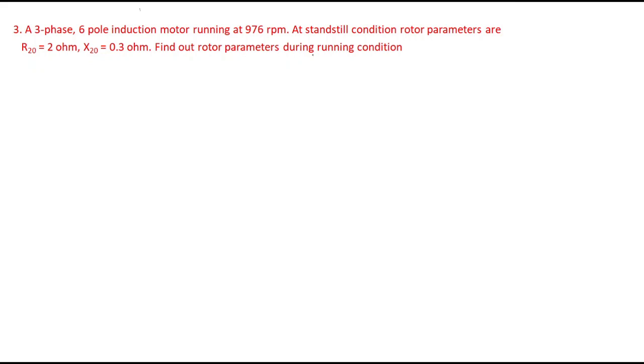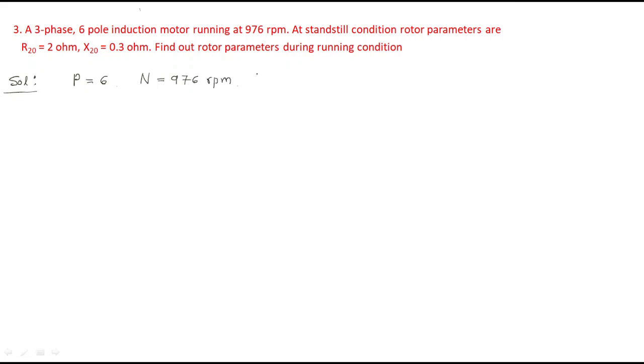Find out the rotor parameters during running condition. This is the question, so simple. First, write down the given data. A three-phase six-pole induction motor, so the number of poles is 6, and the rotor is running at 976 rpm.